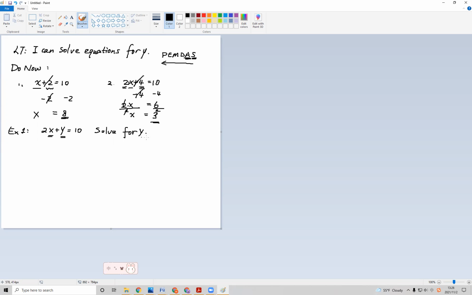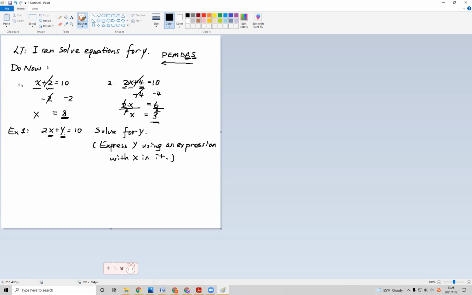But what does it mean to solve this equation for y? In other words, we want to express y using an expression with the x in it. That's what we want to do. So let me show you how to do this.